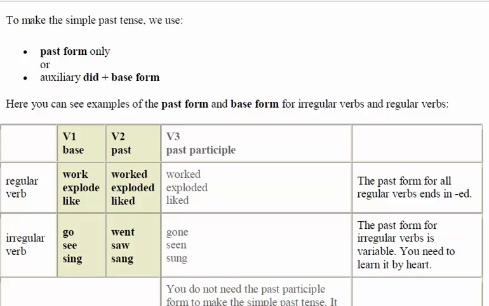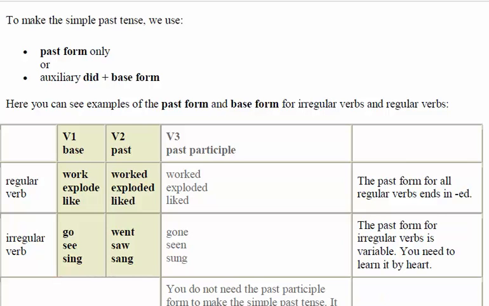Regular verb means the word is the same in the past or the past participle, but it only adds ed. But in irregular verbs, the word is totally changed. Go is totally changed into went, and went into gone. So these are the variables. Variable means changes in the word. Regular verbs stay the same: work, worked.